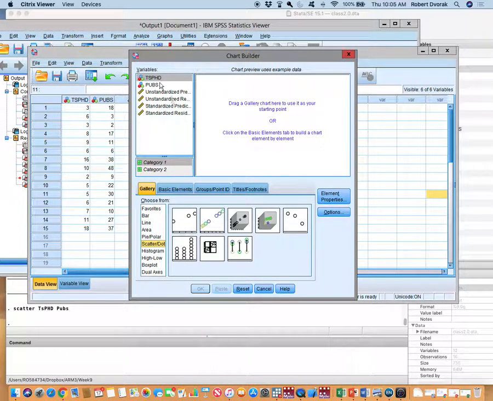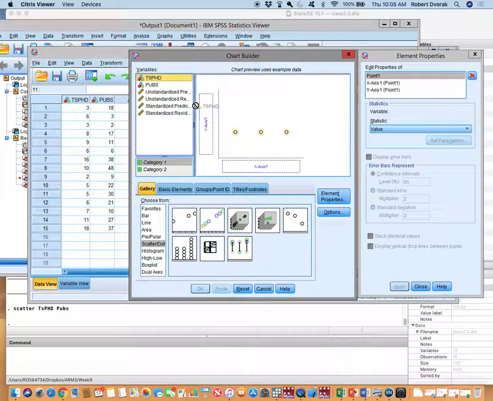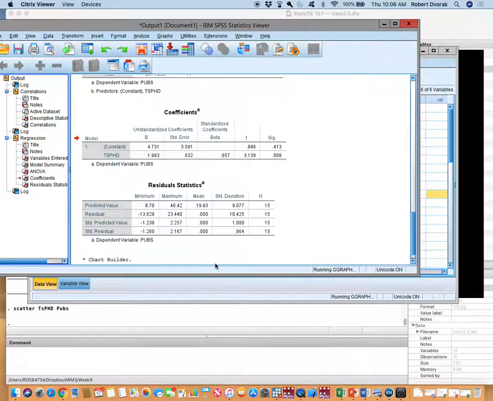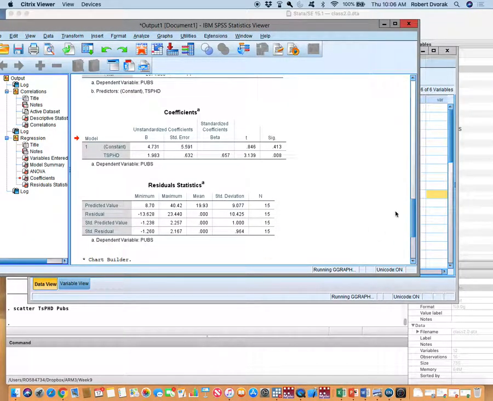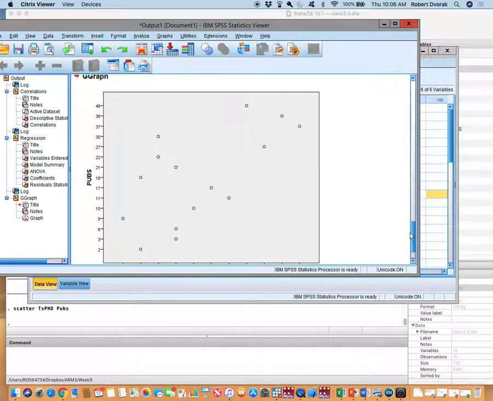Do I have to grab this and bring it up here? Is this how it works? There's an easier way, I'm sure there is. Does this work? Let's see if that works. Okay, that's my scatter plot.